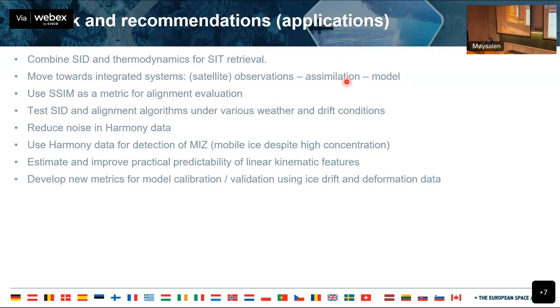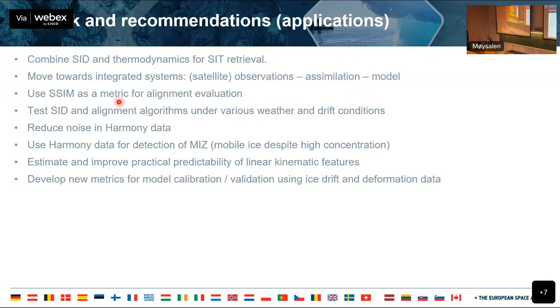Another recommendation is to move towards integrated system, because so far people are working mostly with observations or with simulation or with models, but it's good to start combining that together so that observational algorithms can be adapted to what the models need.